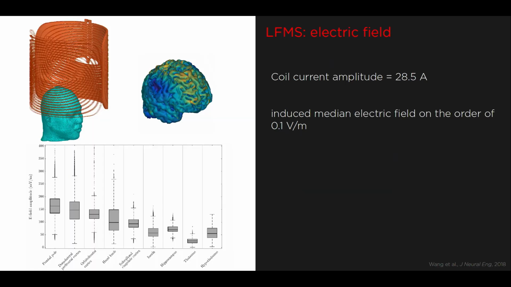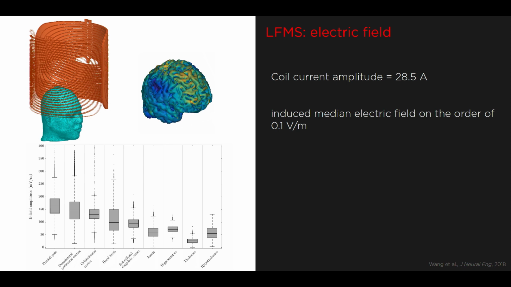So one can simulate, again, using the technique that I showed earlier, the electric field distribution induced by low field magnetic stimulation. And one can see what the electric field distribution is like on a typical cortex. You can see that the maximum electric field is over the midline prefrontal region.